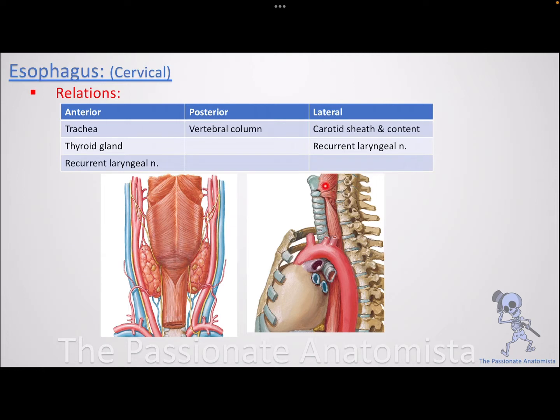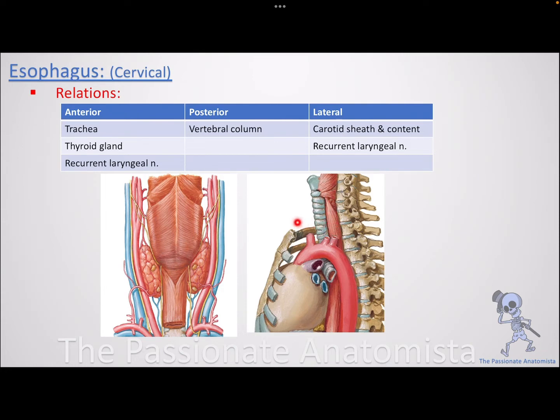Remember the inferior constrictor muscle that has two parts, the thyropharyngeus and cricopharyngeus. That is basically making the first sphincter at the start of the esophagus, which is the cricopharyngeus, and that is basically your pharyngeo-esophageal junction.